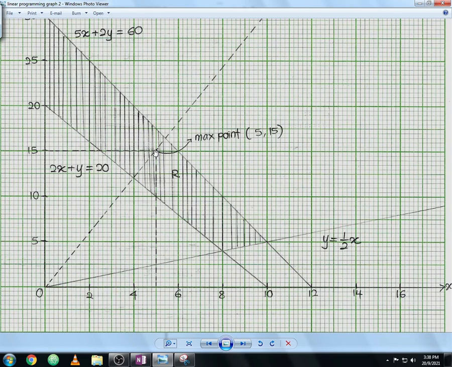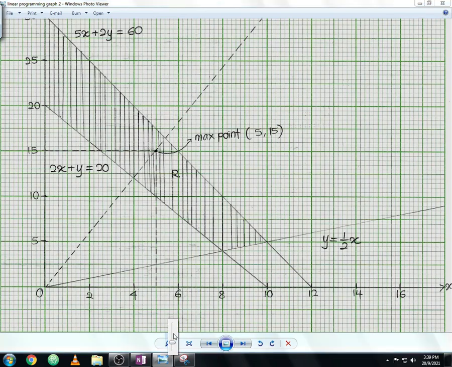You should have a number of bats in whole numbers, for example 5, 8, 12, something like that. You cannot have a decimal value. So this is the only possible maximum point that we can obtain based on the Y equals 3X condition. So from here we get our max point 5, 15. This is the reason, guys.